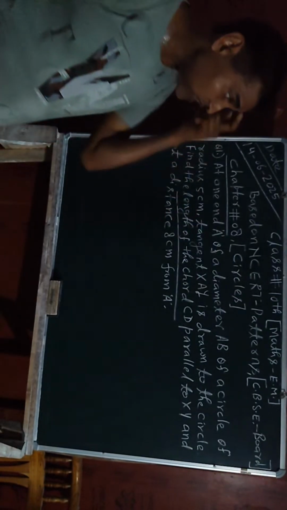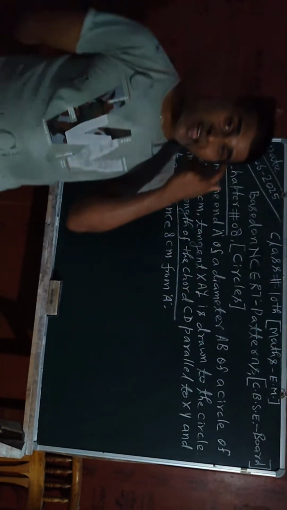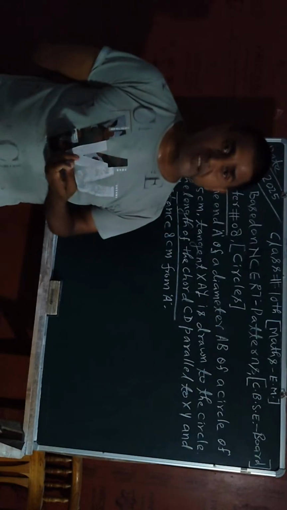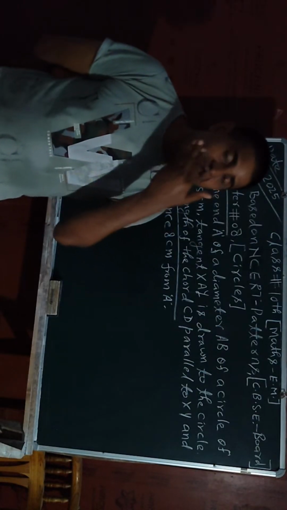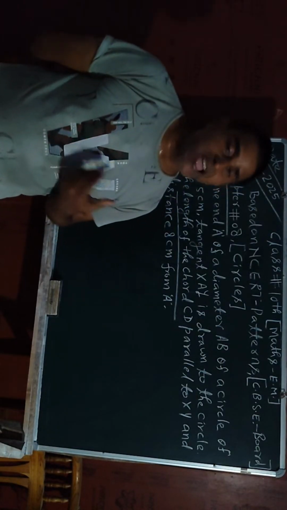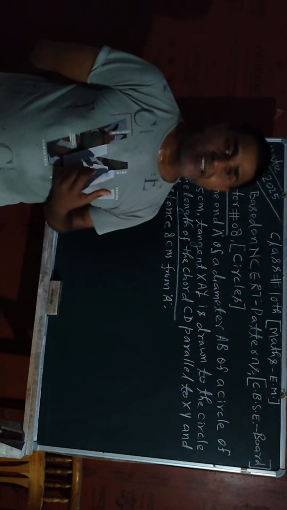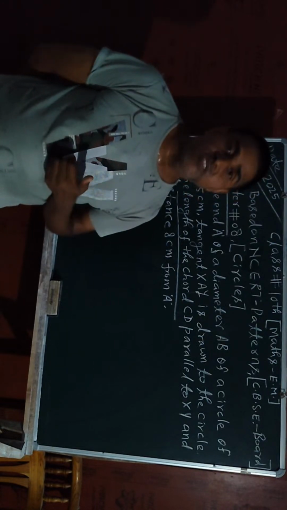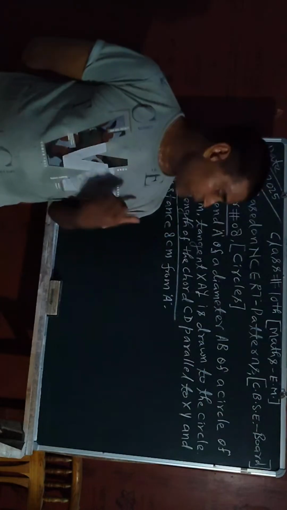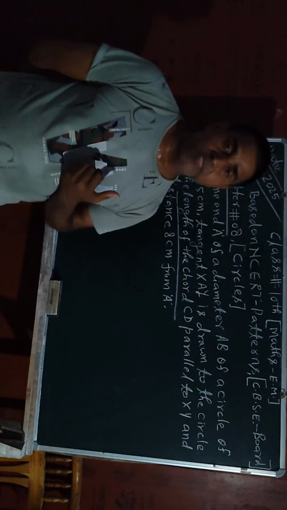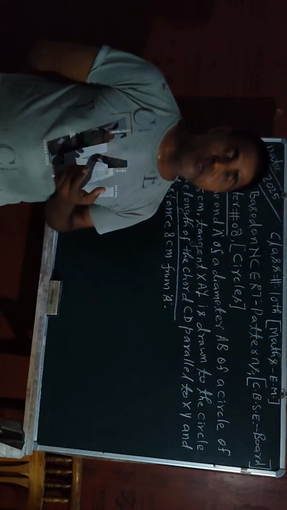Now I have written one question related to circle, and I will use the properties of the circle and the required information asked in the question, because we need that to solve any question.